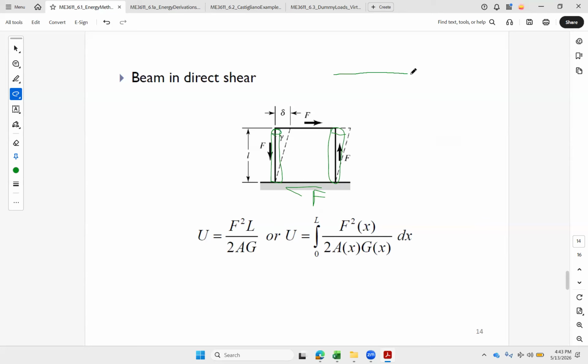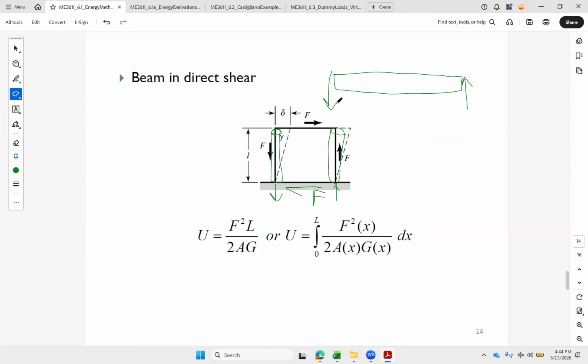So let's take a look at this top member here. The reaction force that we had down here gets passed up through the column and pushes right here. And then on the back side, my reaction force down here is also pulling down on that column, and it subsequently pulls down on that top floor or deck or platform that we have.